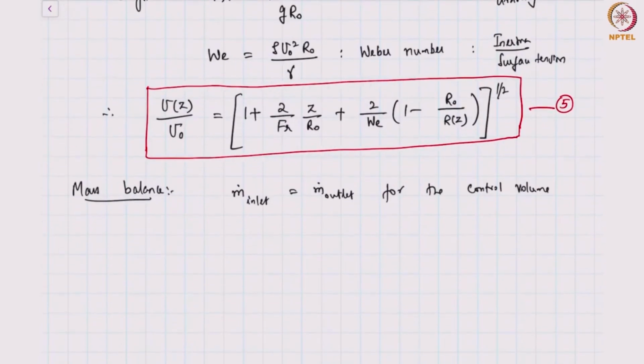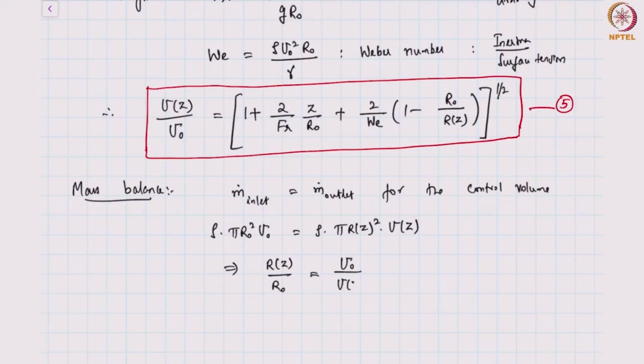And therefore, I can now simply apply this mass balance to get density times pi R naught square U naught is equal to density times pi R of z whole square times U of z. This can be either mass flow rate or volume flow rate. They are equivalent because it's an incompressible flow. And therefore I have R of z by R naught will be U naught by U of z whole power half.